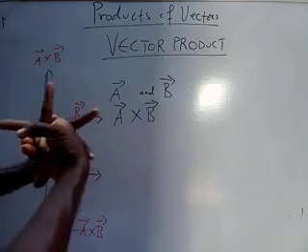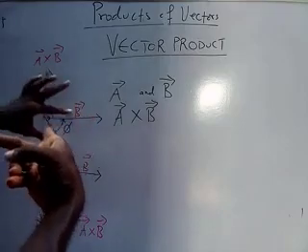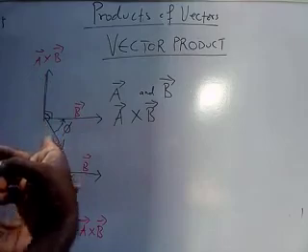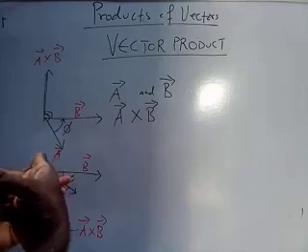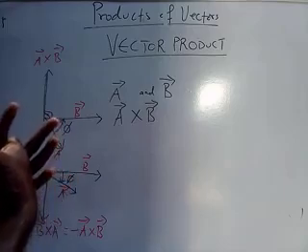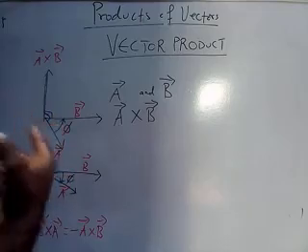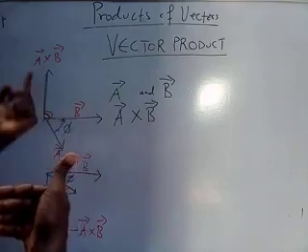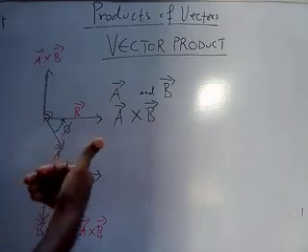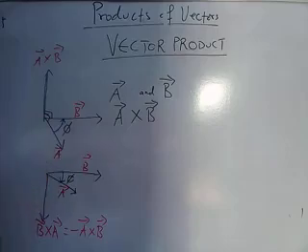So the cross product of these two vectors is pointing upwards, obeying the right hand rule. If this goes towards here, it will move upwards using the right hand rule. If the reverse is the case, this coming this way, it will point downwards. So that is it for now.